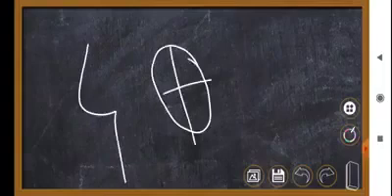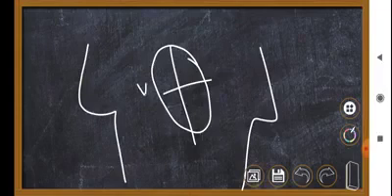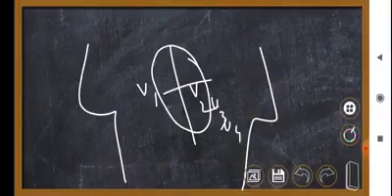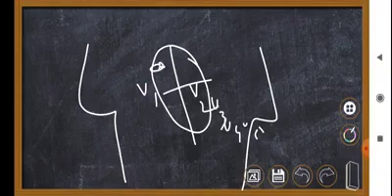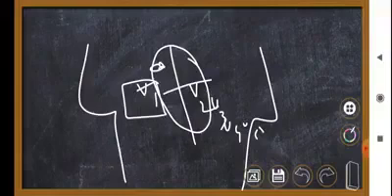Now coming to the precordial leads, suppose again this is the heart, and now we are attaching the precordial leads. V1 is here, then V2, V3, V4, V5 and V6, and current is being generated here. Lead V1 is on the right side at the precordium, and the flow of the current is in this direction.